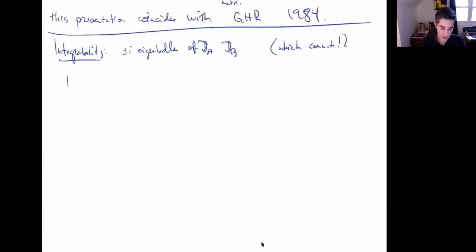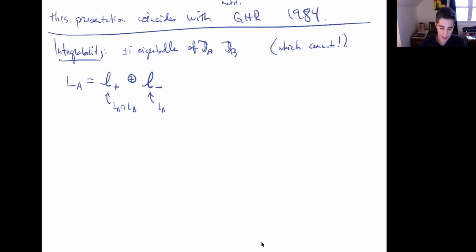Okay, and so what happens? So you end up with this situation that LA, the plus I eigenbundle of JA, will split into a sum of L plus and L minus. L plus is LA intersect LB, where both JA and JB have plus I eigenvalue.